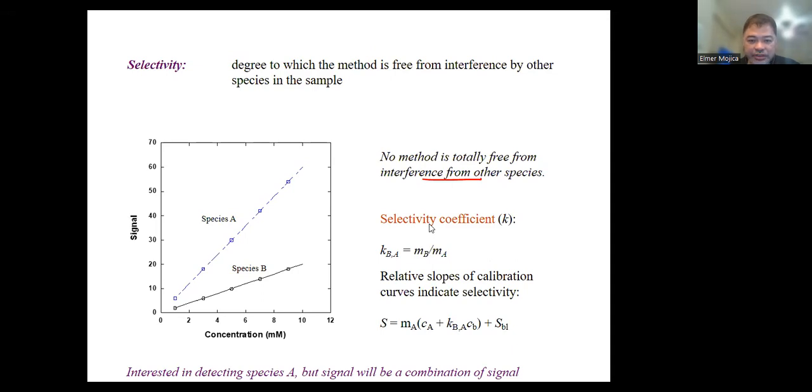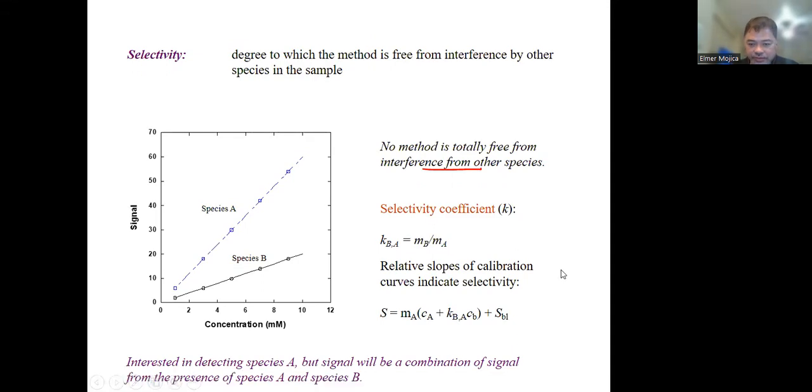So if you're going to look at here, you have the selectivity coefficient of K with respect to B and A. So the higher the K here, the more selective it is. Now, you can include this selectivity in the slopes of the calibration.